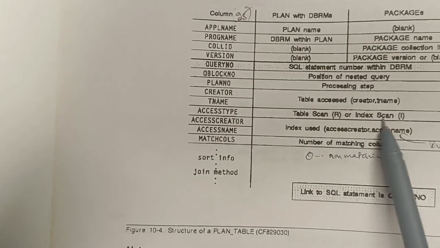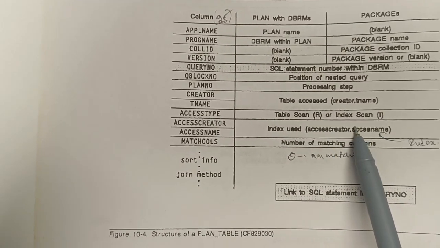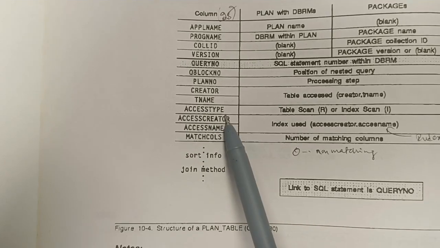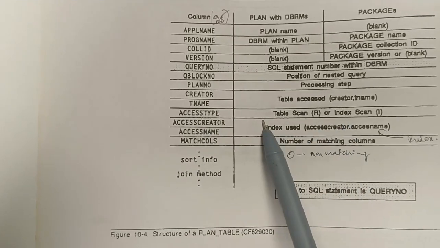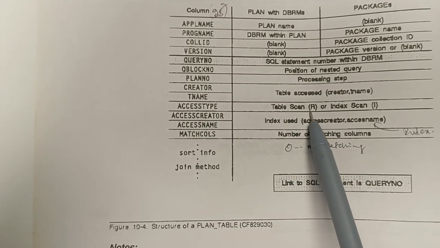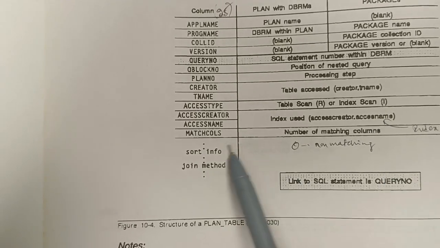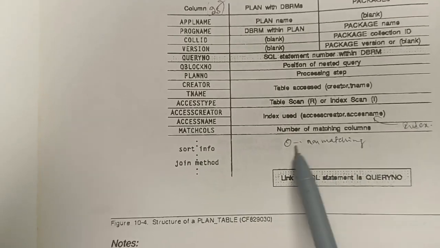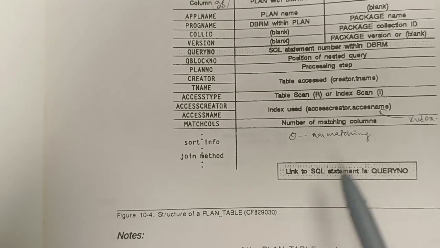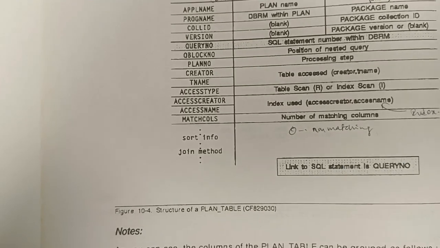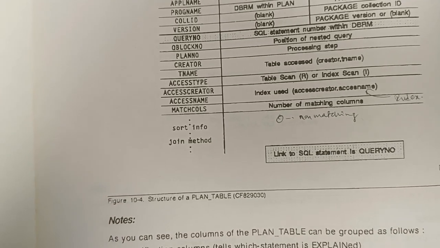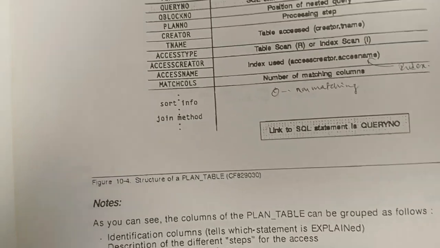Please remember this; I am going to cover it in the next slides. Based on the access type field, you can remember that table scan is R and index scan is I. And for the number of matching columns, 0 means no matching, and we'll discuss the 0 and 1 values.